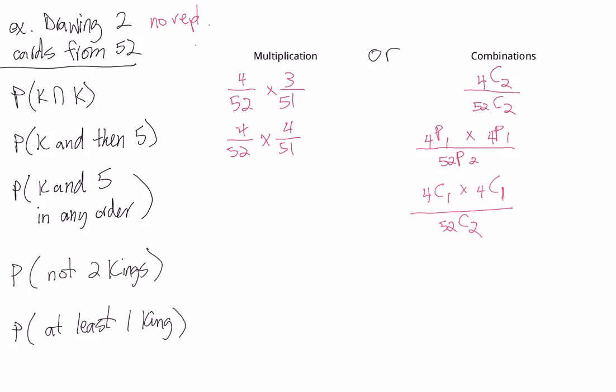So you can see the difference between those two are similar, but order matters or not. This is the kind that would be a little bit tricky. If order doesn't matter when we use the multiplication law, that means we'd actually have to do the question twice. You'd have a king and then a 5, and then we'd also have to do a 5 and then a king, and add the 2 together. So we'd have 4 out of 52, 4 out of 51, and then we'd have to add 4 out of 52 and 4 out of 51 again.